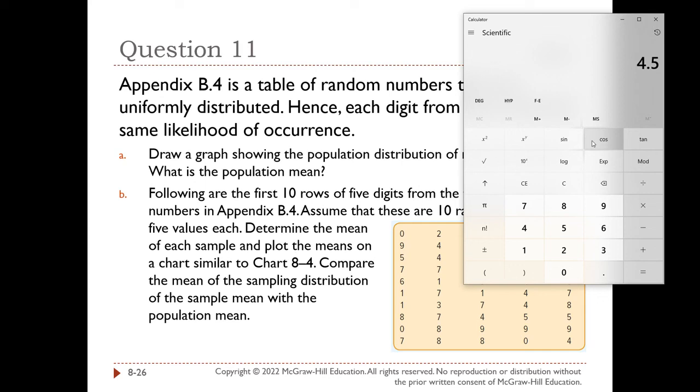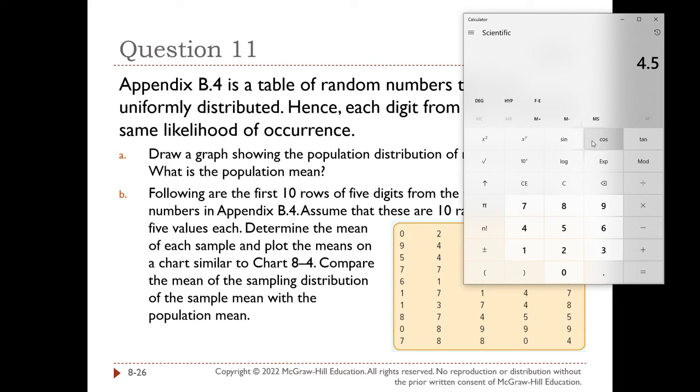Okay. Let's go. Following are the first 10 rows of 5 digits from the table of random numbers. Assume that these are 10 random samples of 5 values each. Determine the mean of each sample and plot the means on a chart similar to chart 8-4.